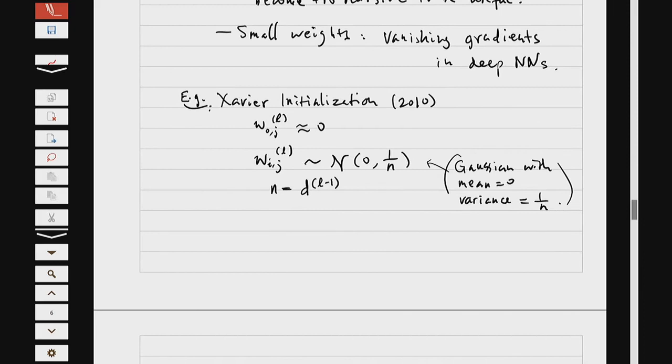So why does this work? Why does this initialization work? The explanation is the following. We recall the formula. As I said, you want to maintain, layer by layer, the input to the different layers to have one variance, about the same size. So you look at S_j, this is the input to the layer L, right?